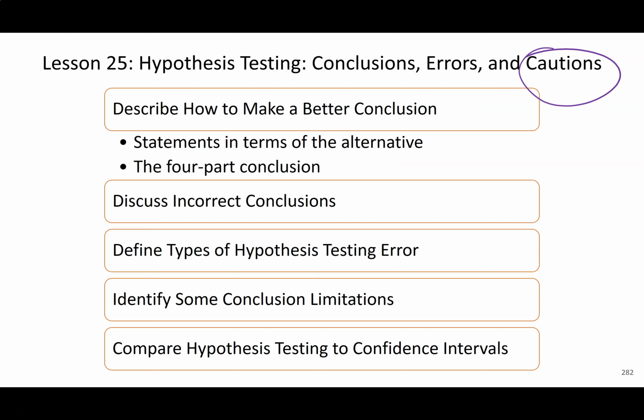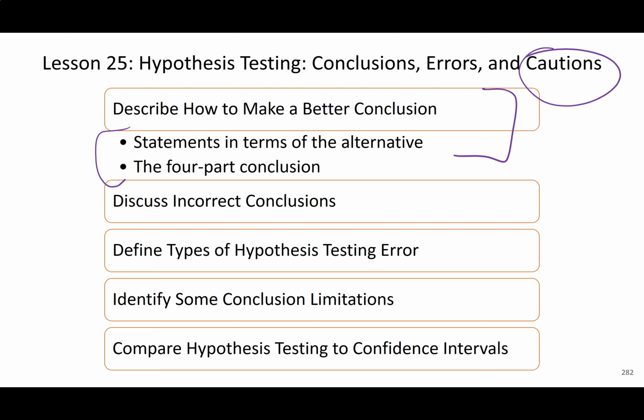We're going to finish up intro to hypothesis testing because, trust me, this is just the tip of the iceberg here. We're going to talk about our conclusions. We hinted at it already. We are going to put our conclusions in two-part conclusions.